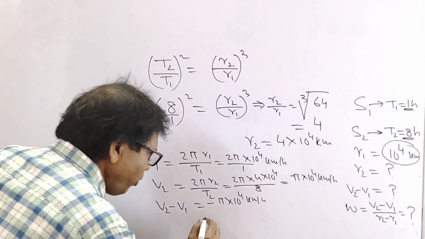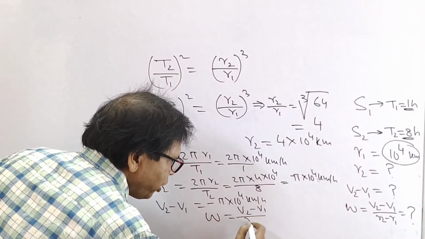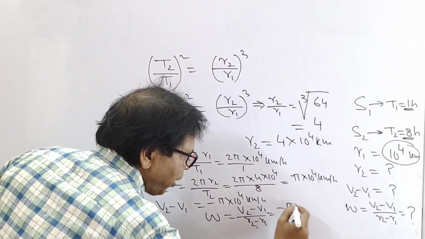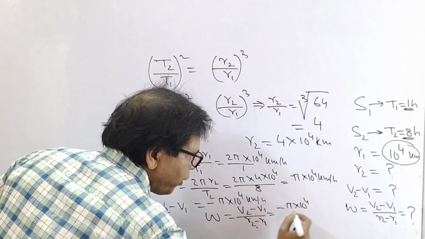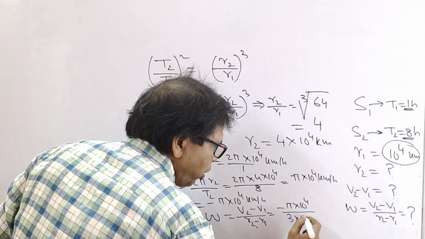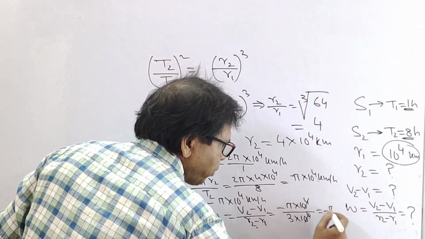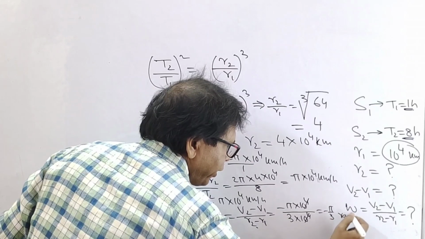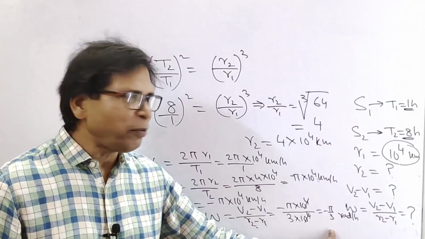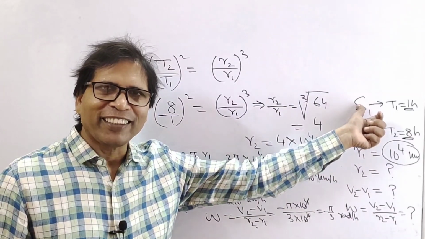Now angular velocity is V2 minus V1 divided by R2 minus R1. This is minus pi into 10 to the power 4 divided by 3 into 10 to the power 4. This and this cancel out. So this is minus pi by 3 radian per hour. This is the relative angular velocity of the second with respect to the first.